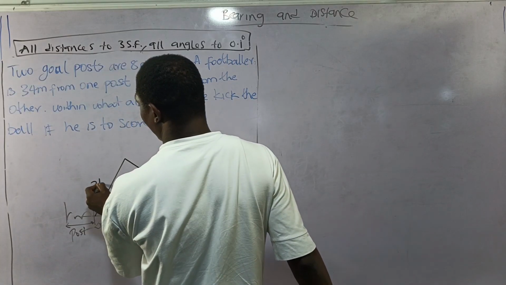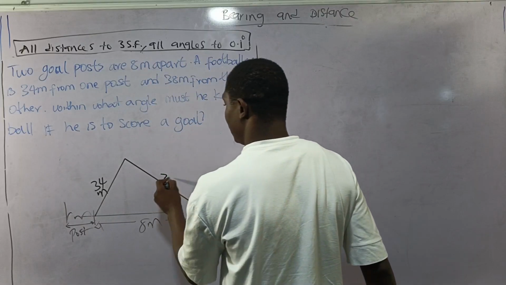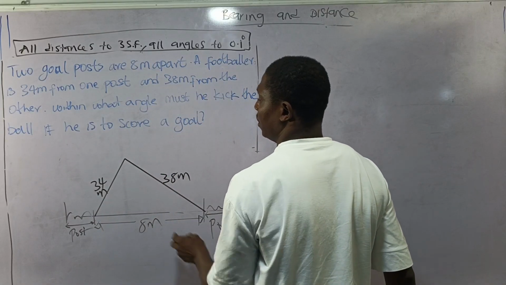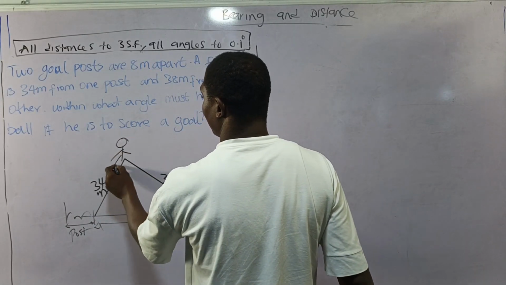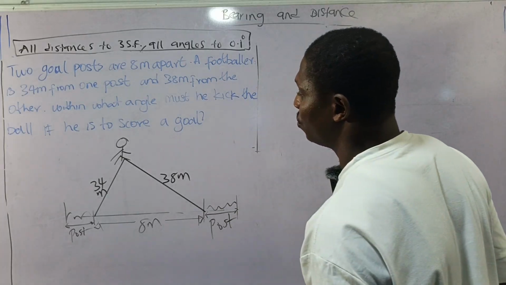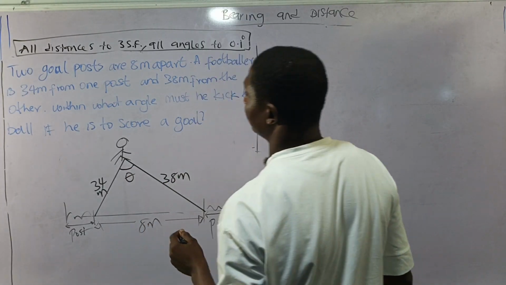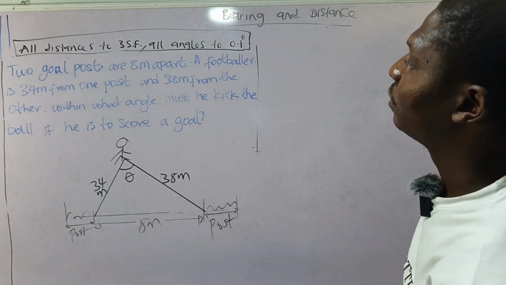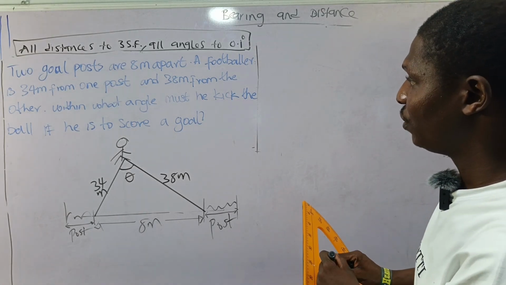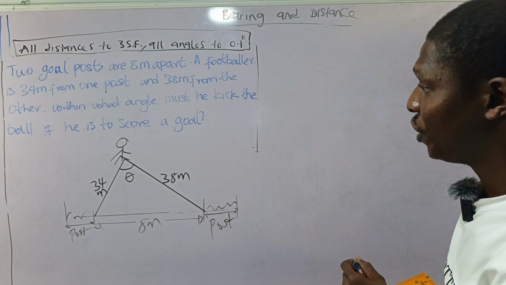So this is 34 meters, this is 38 meters, and this becomes the footballer. Take note, and this is the angle that he must be within to score a goal.